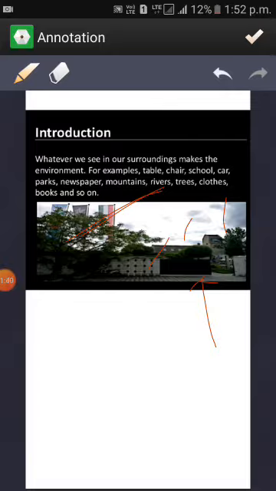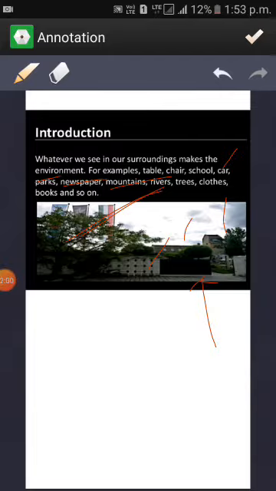For example, you see a table, a chair, a school building, a car, parks, newspaper, mountains, rivers, trees, clothes, books. The list will go on and on.